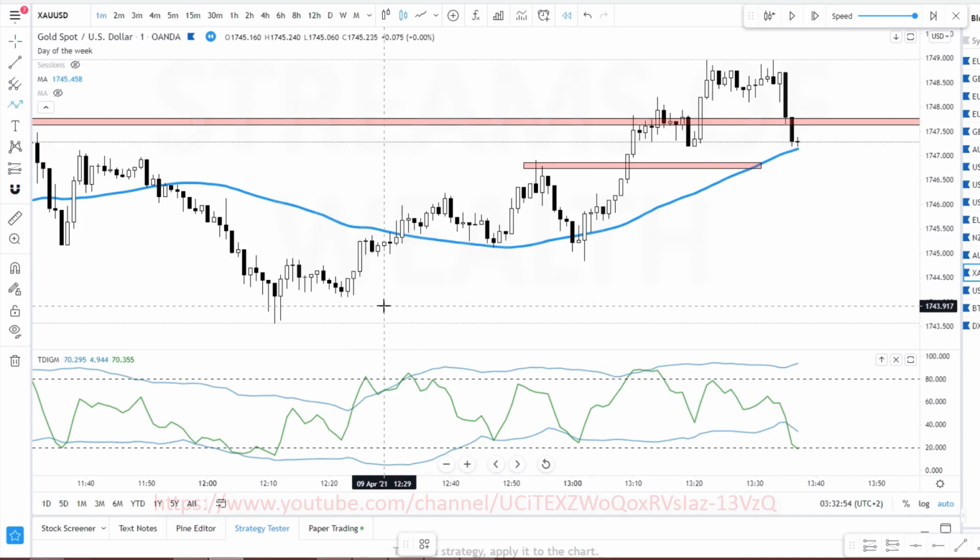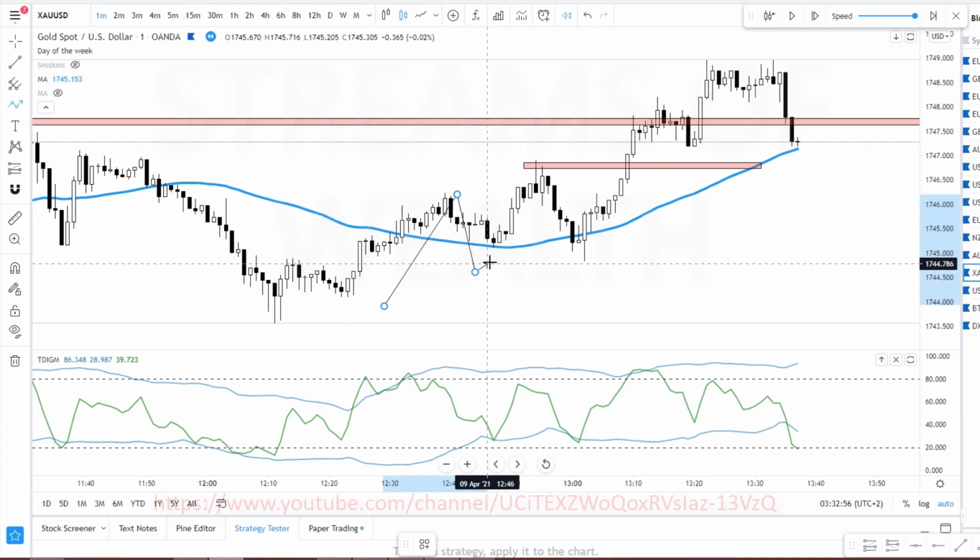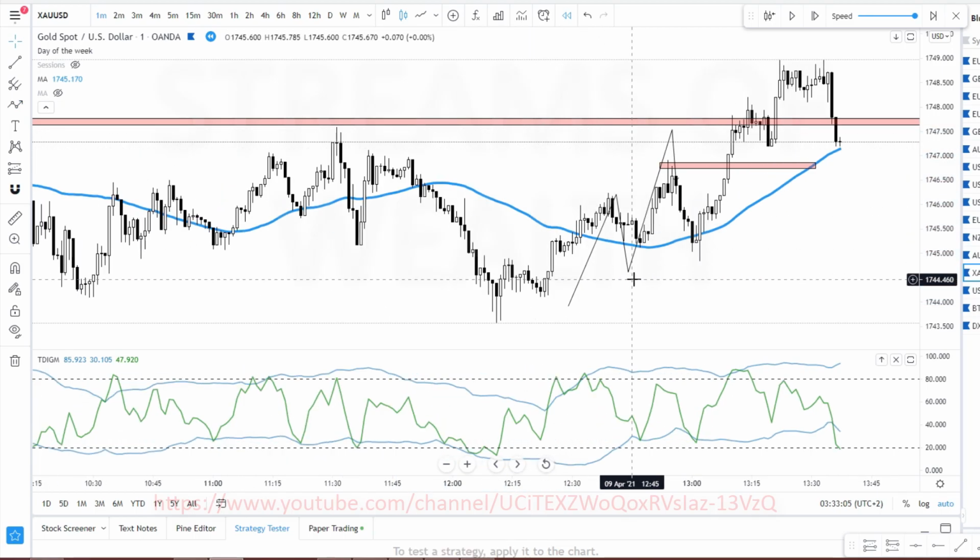So again, boom, boom, and at this point we can set our pending order because the market will most likely go up. And that's it for this strategy.